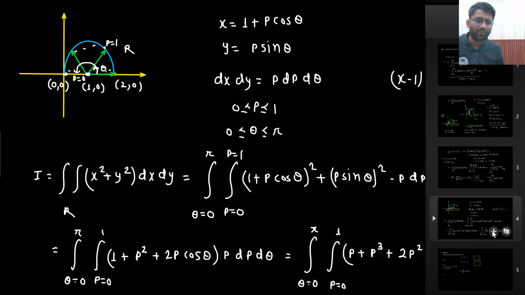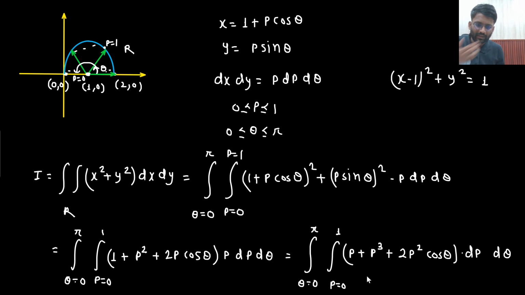So again I will have to add a page. What will be the value of integral I? So integral I would be theta going from 0 to pi.